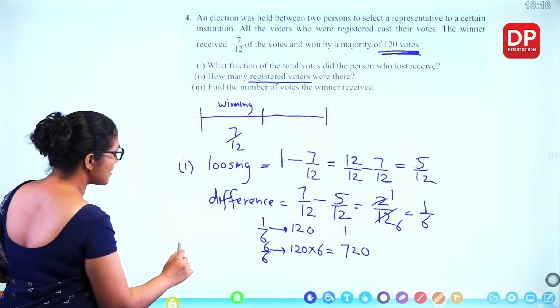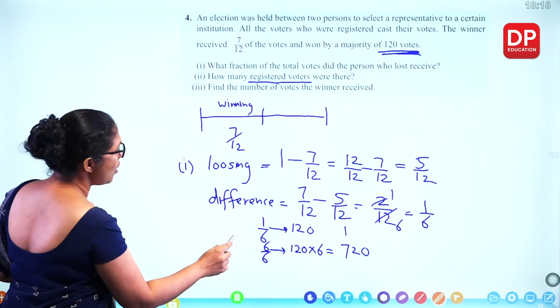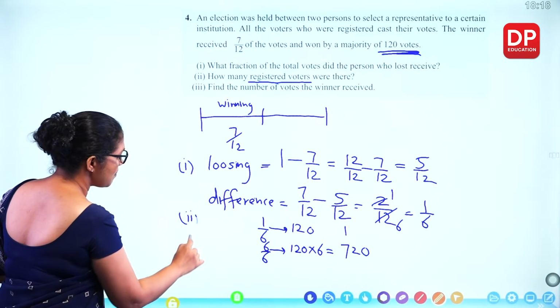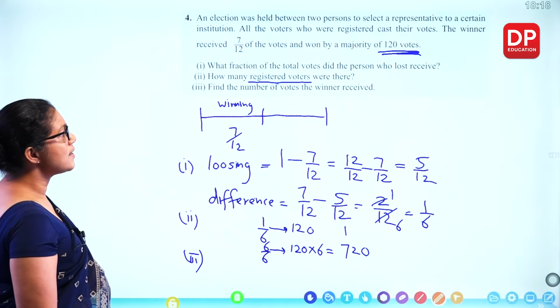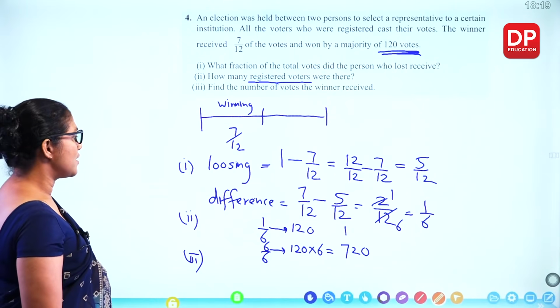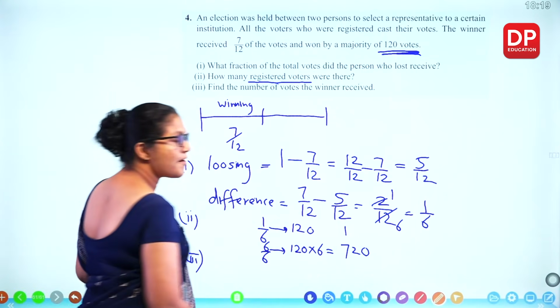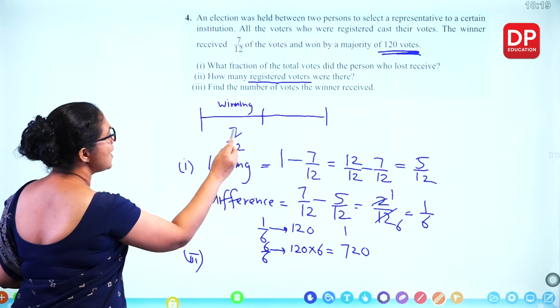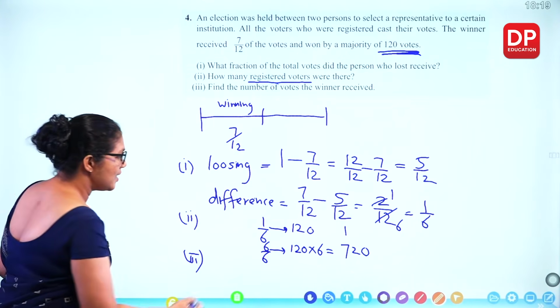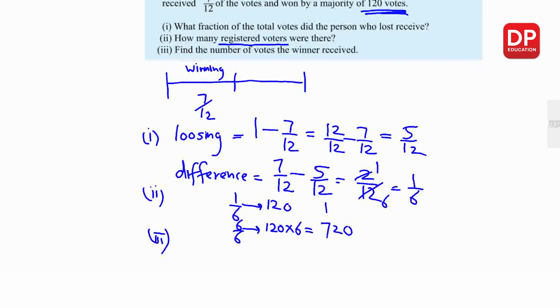So that's the second part. Now the last part: find the number of votes the winner received. Altogether 720 voters are there. Out of that, 7 over 12 is needed to win. So 7 out of 12 of 720 you need to win the election. How can we simplify?